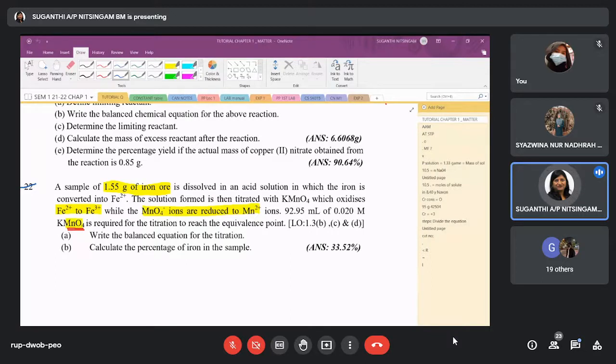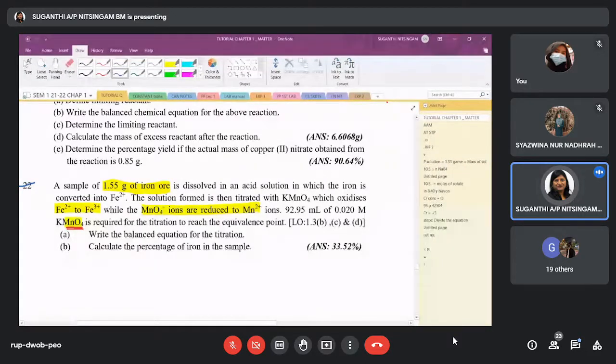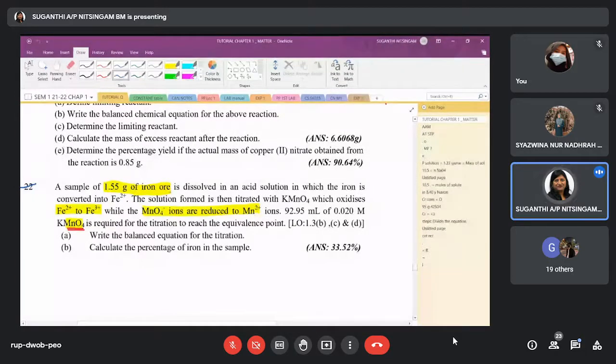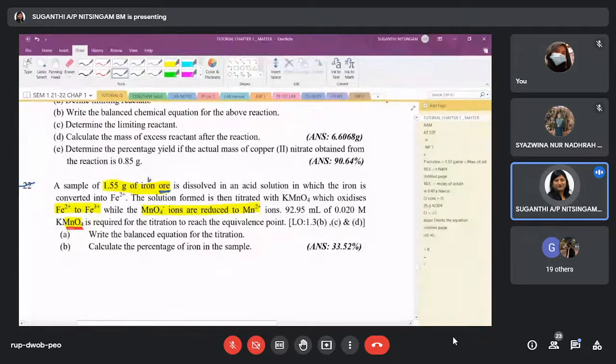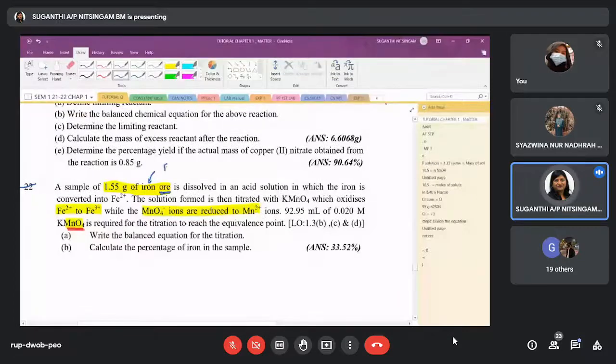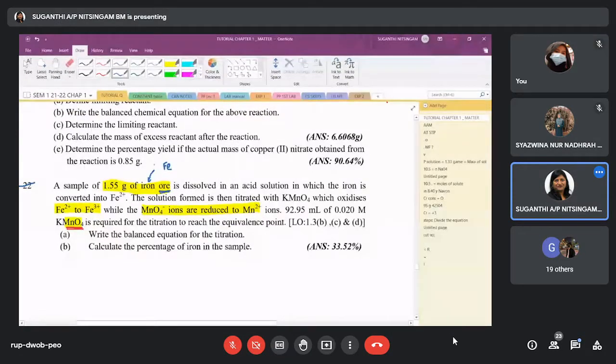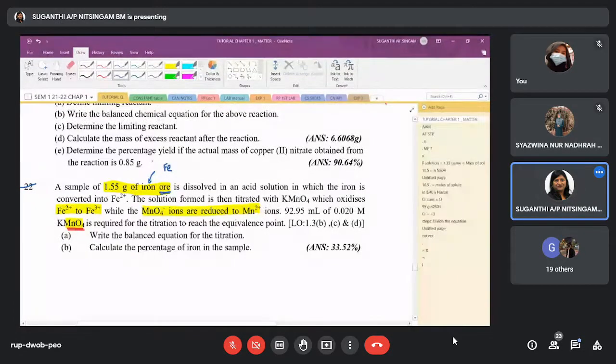So if you look at this question, kalau dia sebut perkataan O ni, maksudnya dia adalah campuran Fe which is not pure. Not pure, dia ada impurities.